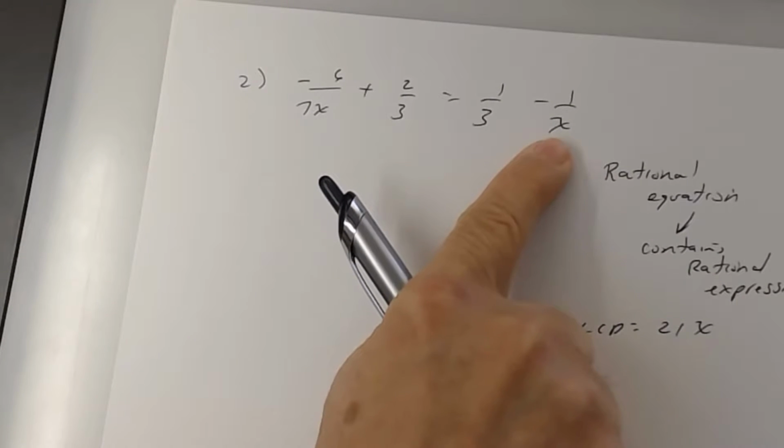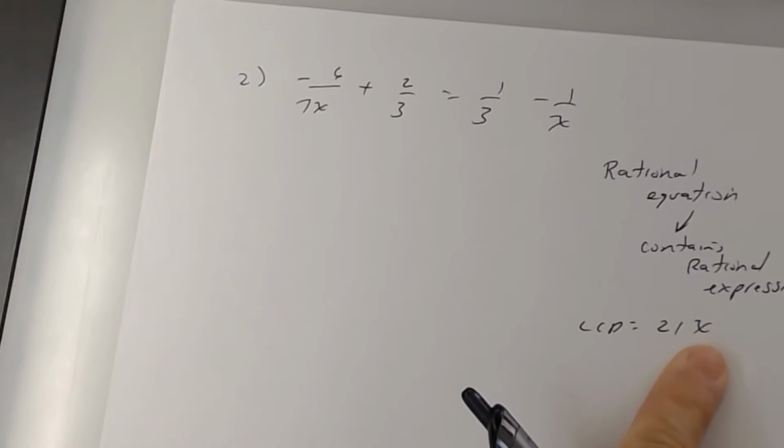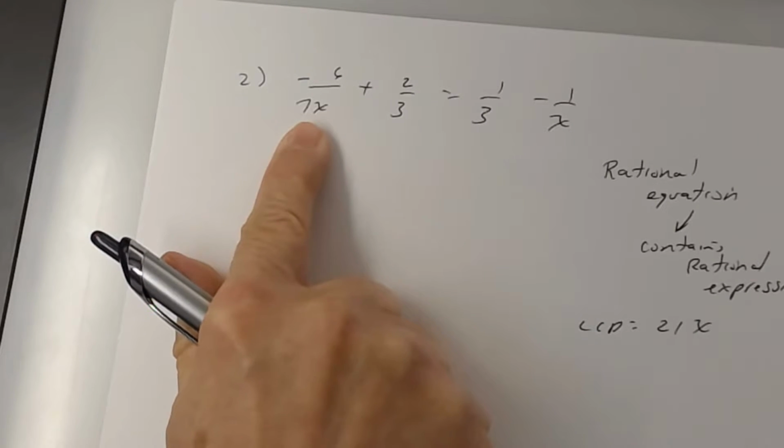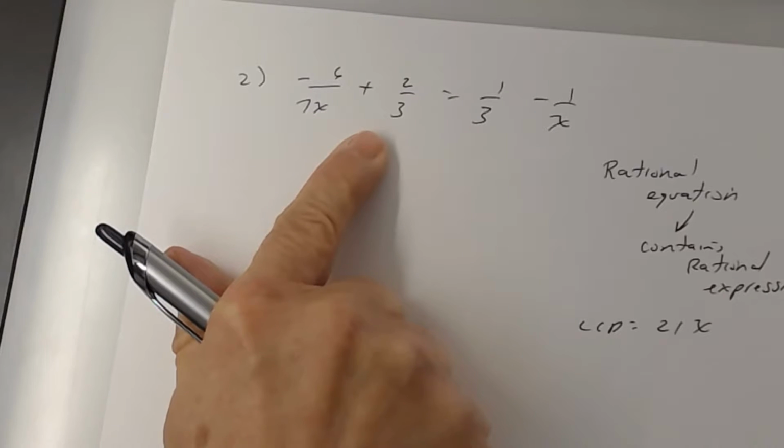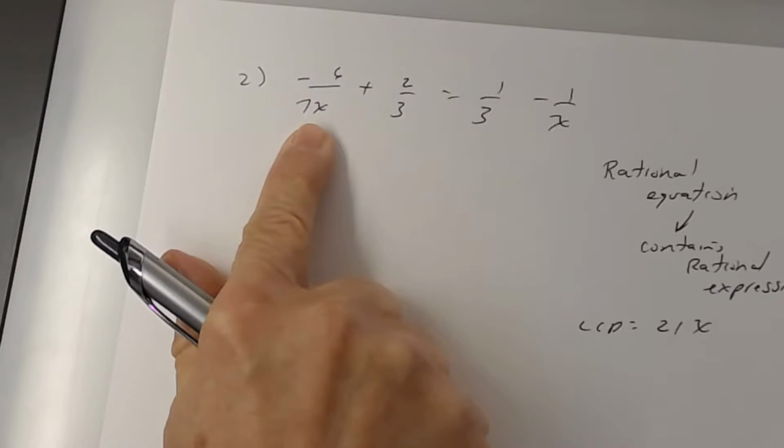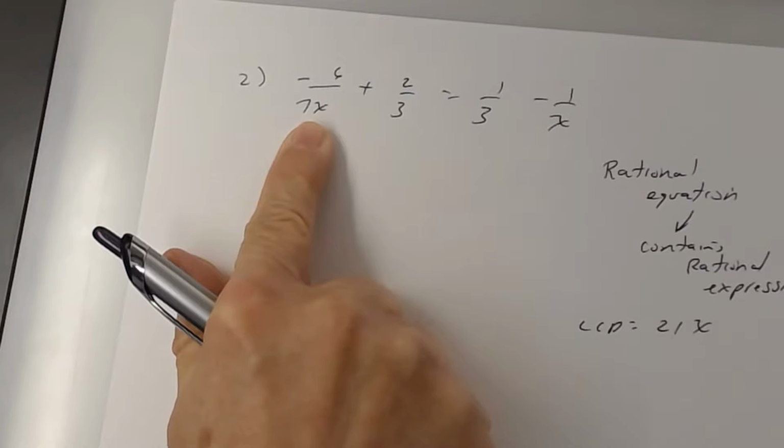And if I want to get rid of this x, then my LCD has to contain an x, and it does. So what's my LCD? 21x. The LCD is 21x. That's your LCD. So it's very easy to rationalize what it was. Because everything in the denominator, you want it to go into the LCD.